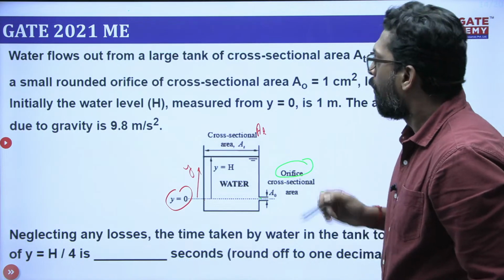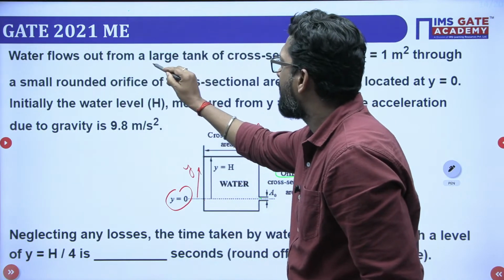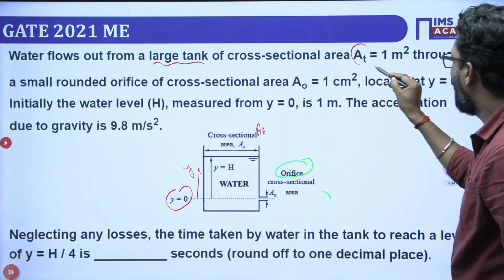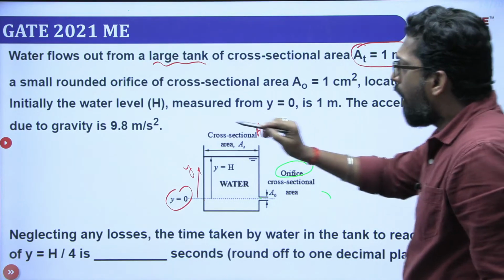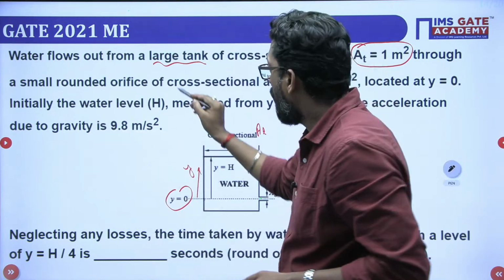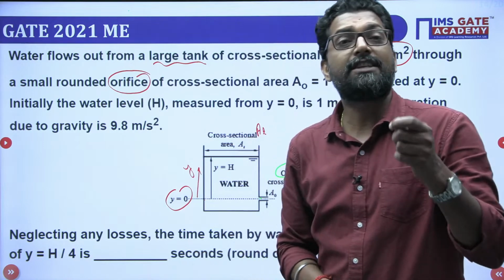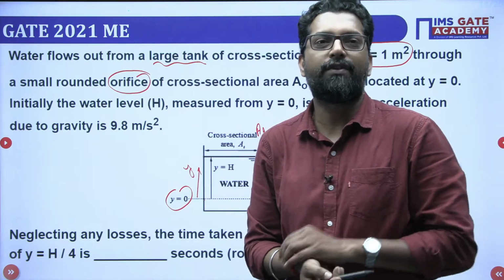Now what they are asking: water flows out from a large tank. What is meant by a large tank? We have to discuss. Of a cross section area AT equal to 1 meter square, through a small rounded orifice. Generally students say that an orifice is circular.